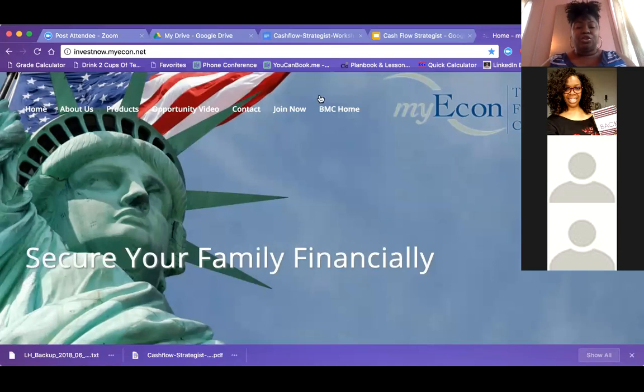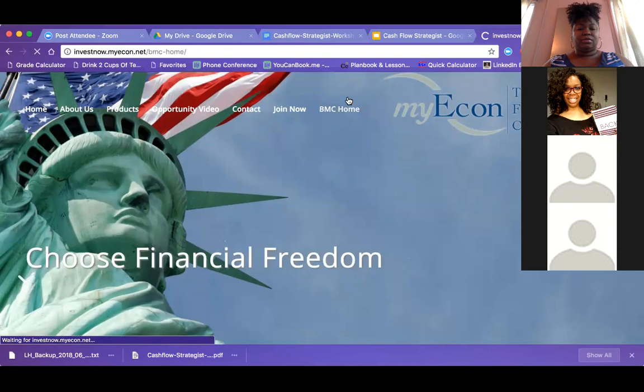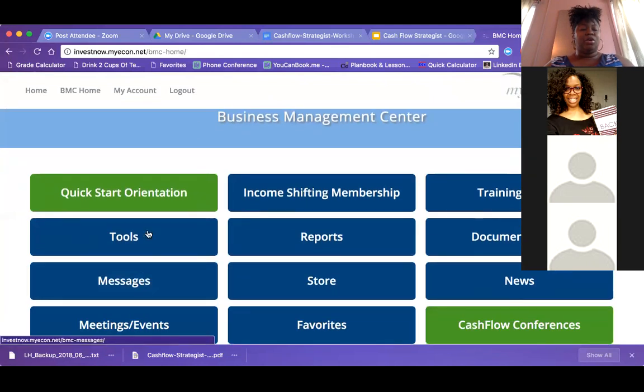So you would first log into your back office. And then you will go to the button that says Tools.